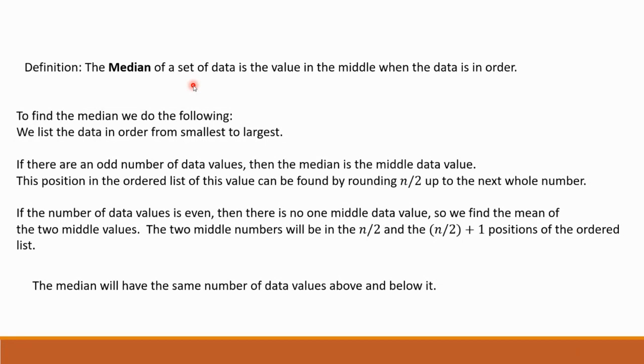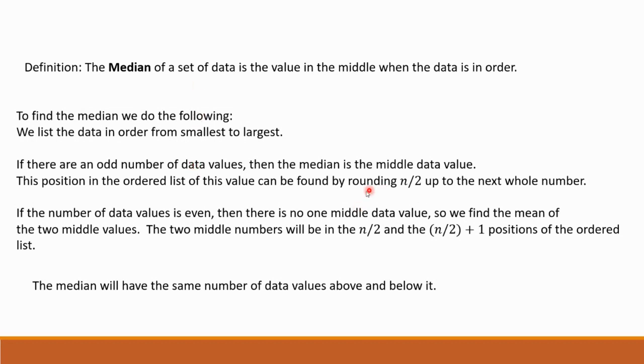The first thing you always do to find the median, as I have here, is sort the data from smallest to largest. You have to do that. And now you have to see how many data values there are. If there's an odd number, then the median is just the middle value in the traditional sense.